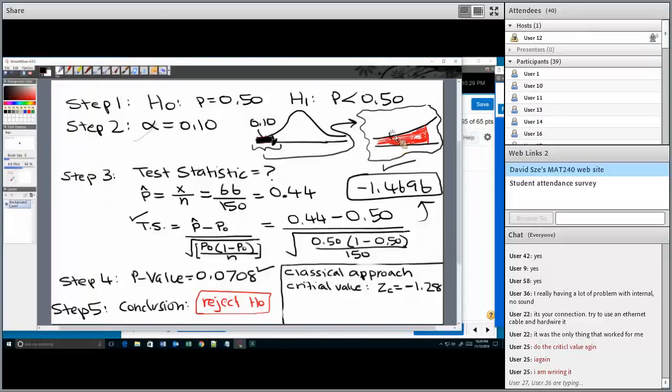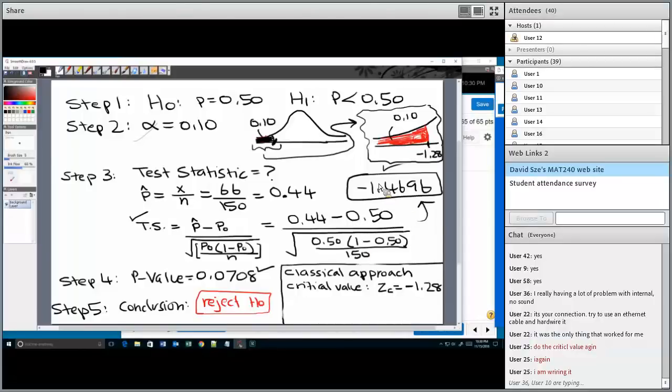If this is the rejection region, which is 0.10, I found that my critical value is minus 1.28. So this value is minus 1.28.